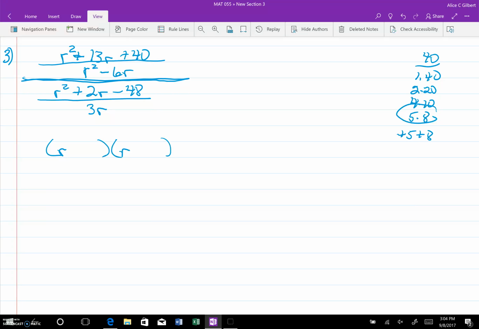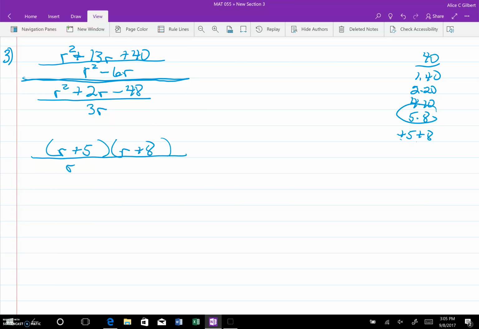When I add these two together, do I get positive 13? Absolutely. Positive times a positive is a positive, and that's what's in front of the 40. So plus 5, plus 8, over r squared.